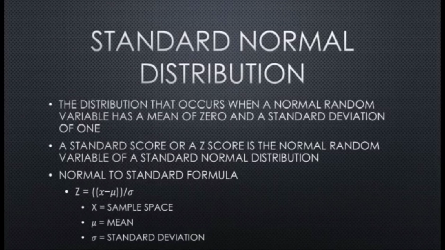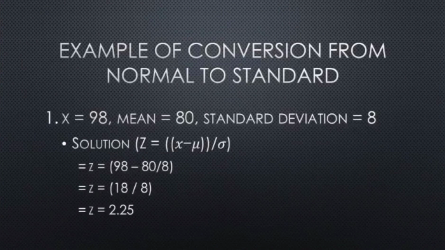A standard score, or the z-score, is the normal random variable of a standard normal distribution. The formula of normal to standard is sample space minus mean over the standard deviation. An example of conversion from normal to standard: when the given is 98, the mean is 80, and the standard deviation is 8, you will substitute the given and subtract 80 from 98 over 8, where you will receive 18 over 8.